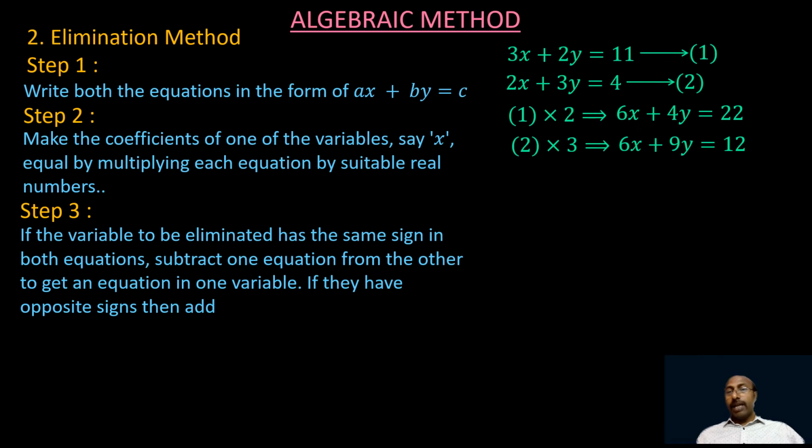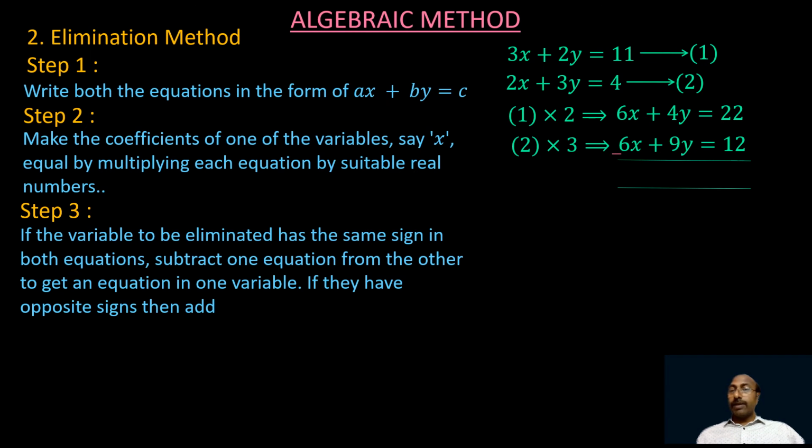Here the coefficients of x are equal and both the signs are positive. So in this case, we subtract the equations like this. While subtracting the equations, we change the signs of the coefficients in the second equation.